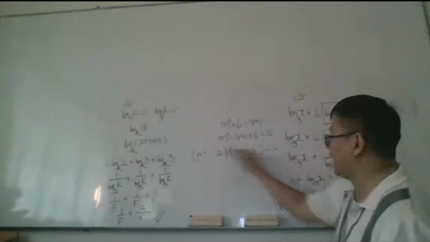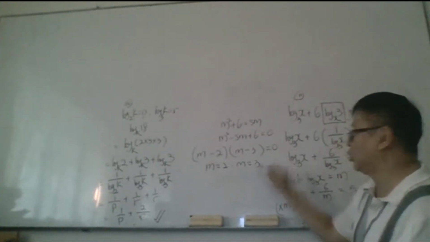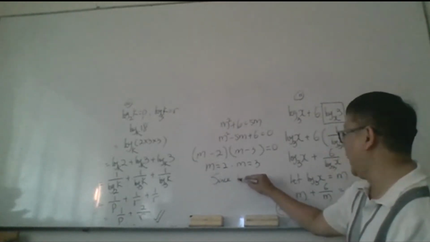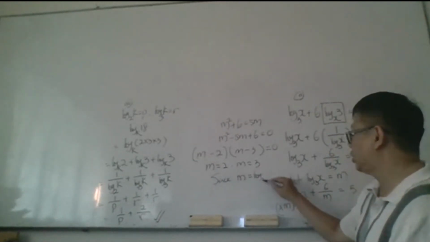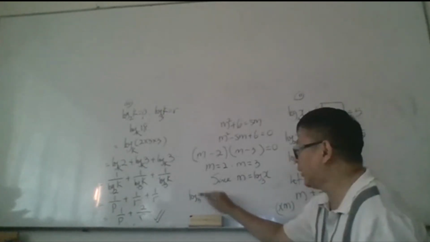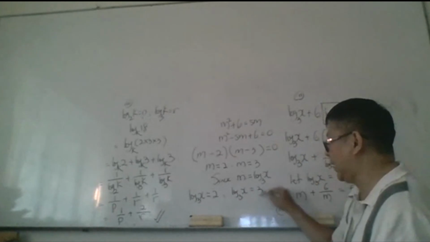3, 2 minus m equal to 2 and m equal to 3. And we know that since m equal to log 3x, then I will put log 3x equal to 2, log 3x equal to 3.